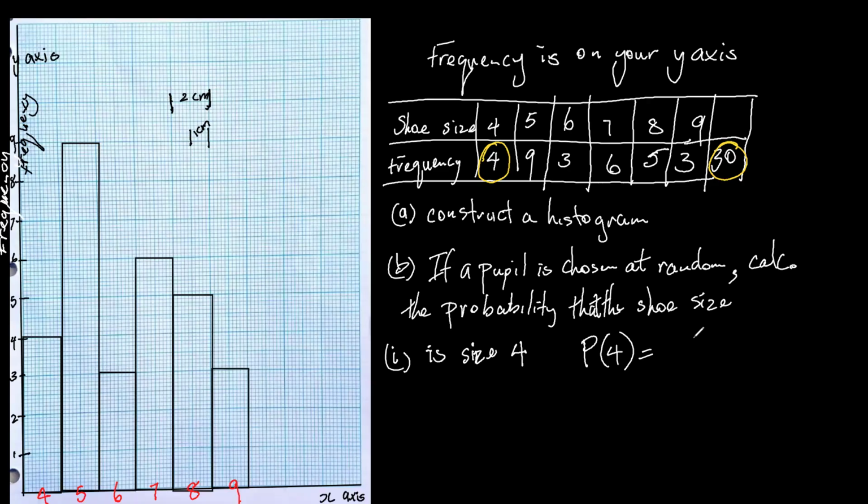2/15, sir? Right. So it's 4 over 30, which is 2 over 15. You could express it as a decimal for me, please. 0.13, sir.